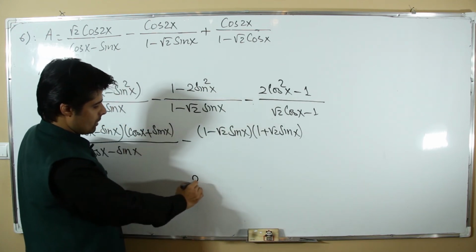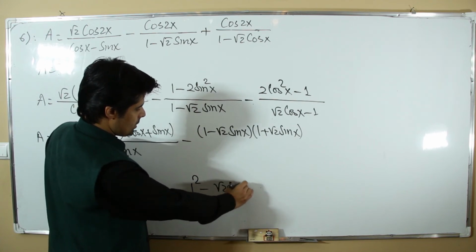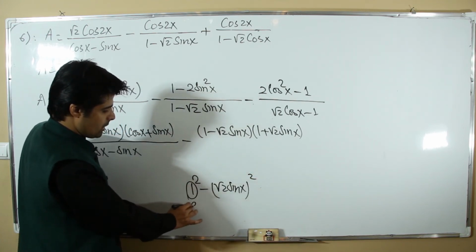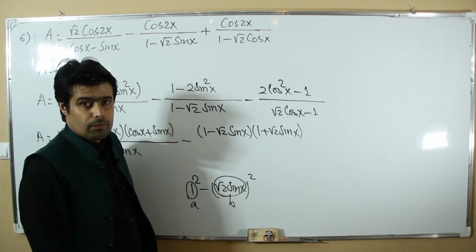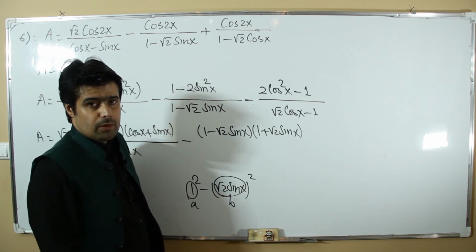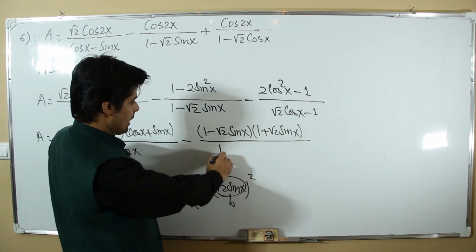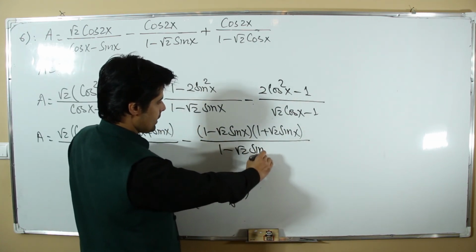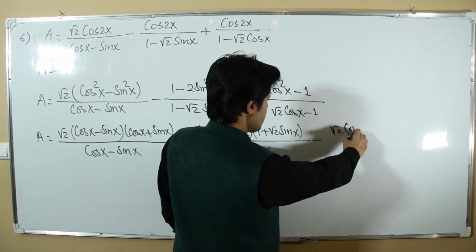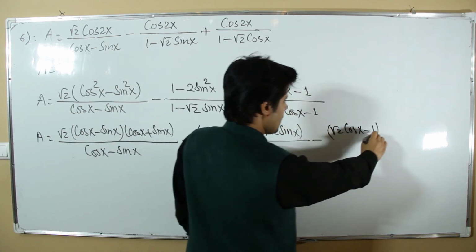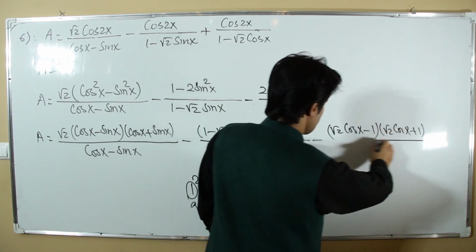Because I can write this as 1 square minus root 2 sine x whole square. This one is a, this one is b. A square minus b square, so a minus b, a plus b. This divided by 1 minus root 2 sine x. Minus, this one is also the same, root 2 cosine x minus 1 and root 2 cosine x plus 1.